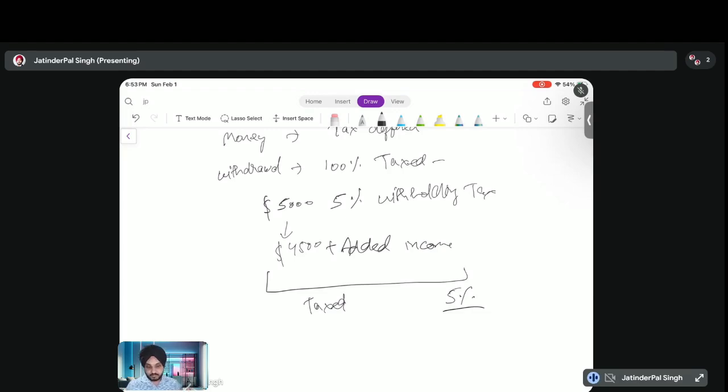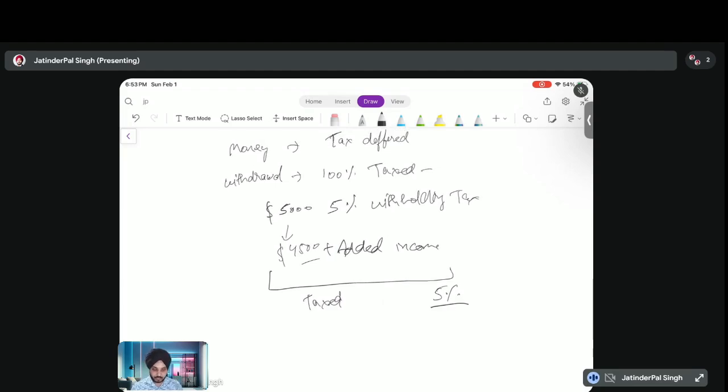Whatever your income is at that time will be added to it, and then the whole thing will be taxed, but you already paid 5% tax on it. So that is how RRSP is taxed. And when you withdraw $10,000, there will be 10% withholding tax, and when you withdraw, let's say, $20,000, there will be 20% withholding tax. So this is how this thing works.